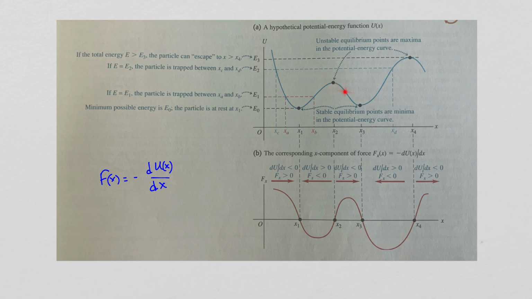It rolls like this, it gets to that point, it stops here, then it starts to go back, gets to this point, starts to go back, and so on and so forth. So those 2 points, XC and XD, are also known as turning points. So here and here we have turning points.